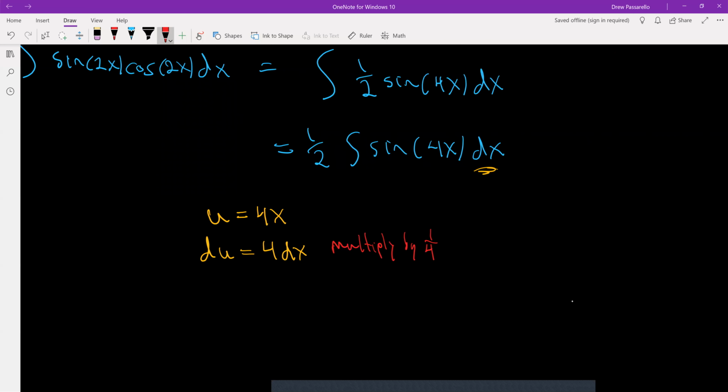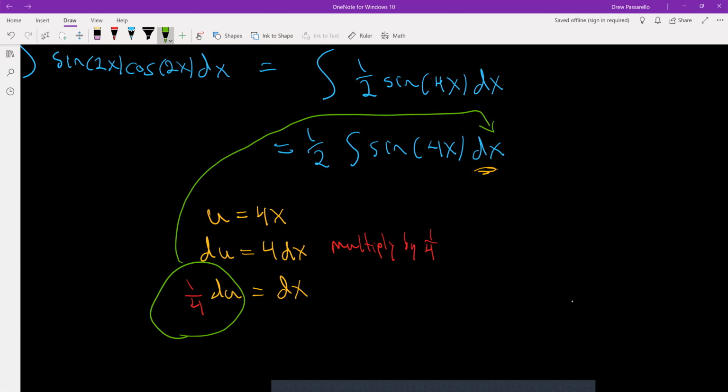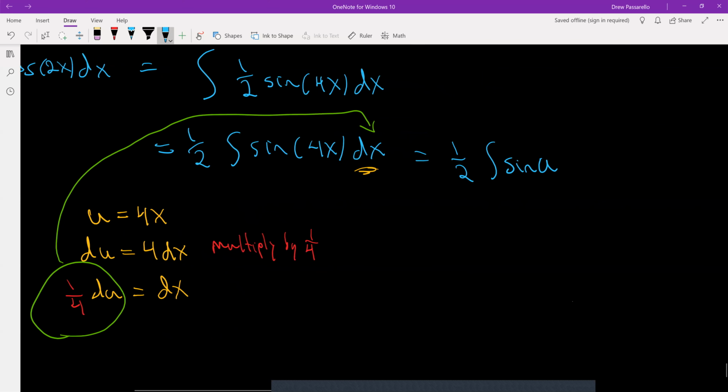So that'll be 1/4 du is equal to dx. That's what I'll plug in for that spot. So this will equal 1/2, and then integral, and now it's sine of u, and then instead of dx, it's 1/4 du.